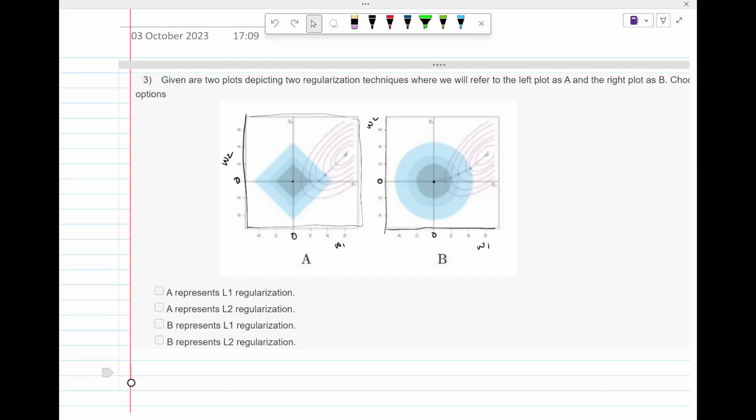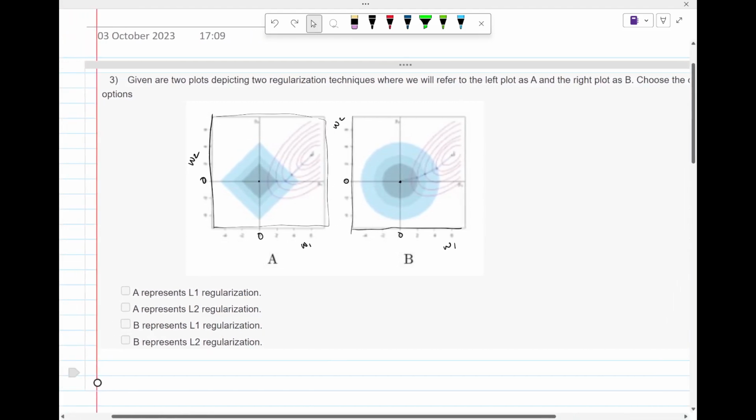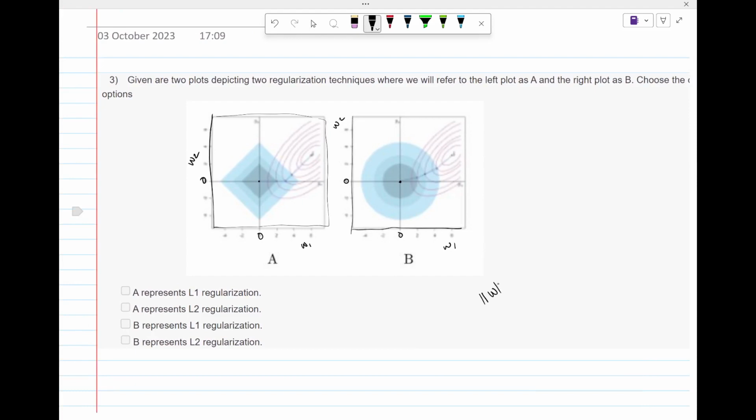So the L1 norm of W is equal to |W1| plus |W2|, right? And the L2 norm is the square root of W1 squared plus W2 squared.